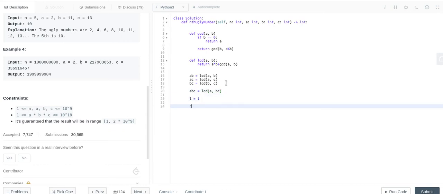We start from 1 to the largest, 10 to the power of 9, and we use a recursive way to implement the binary search here.